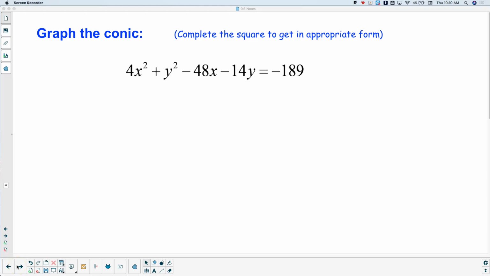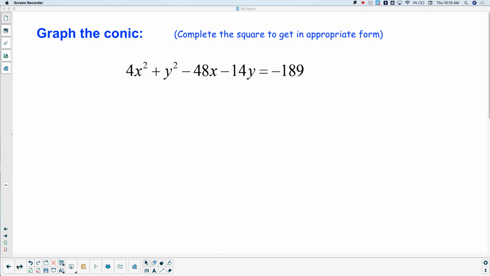All right. So today what I want to do is take it one step further from our last equation that we had yesterday, and graph the conic given to us in the other form, the non-standard form, if you will. Okay?